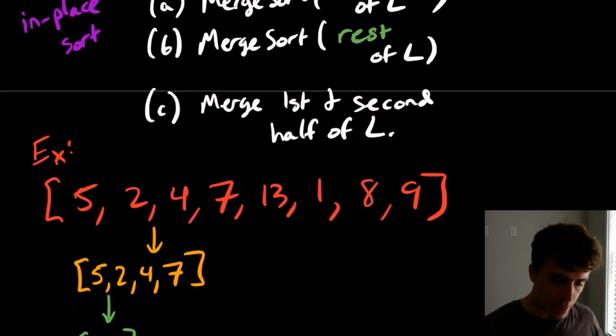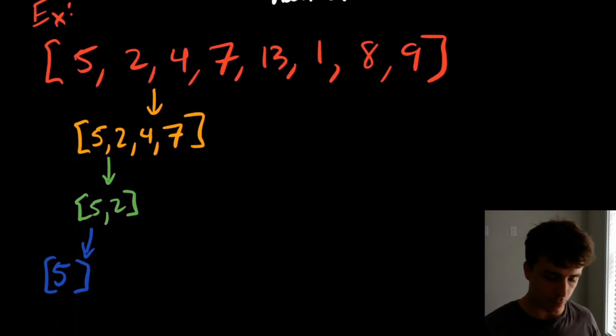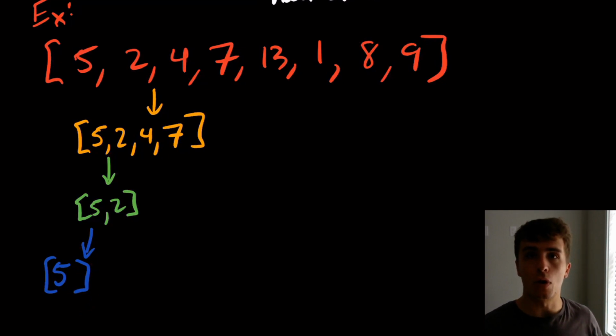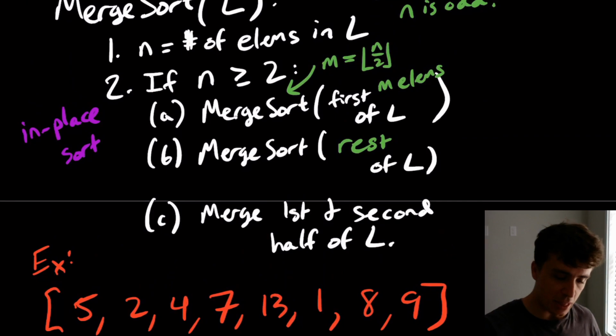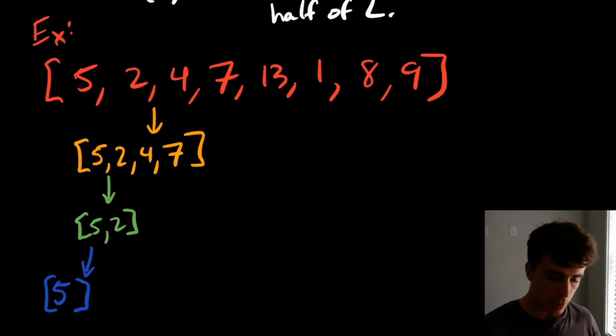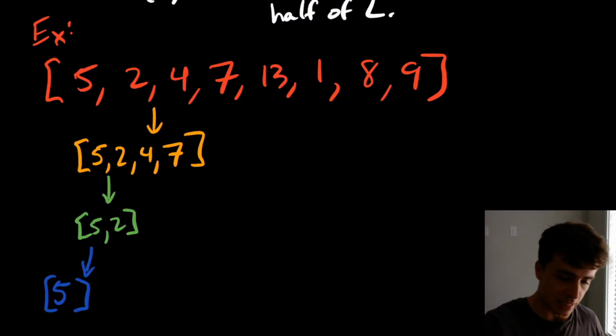So then now we go back up to this recursive case because the first one is done. So therefore we call the second recursive call, because the first was done for this list. So then now we call the recursive function on the second half of the list, which is just the 2 right here.